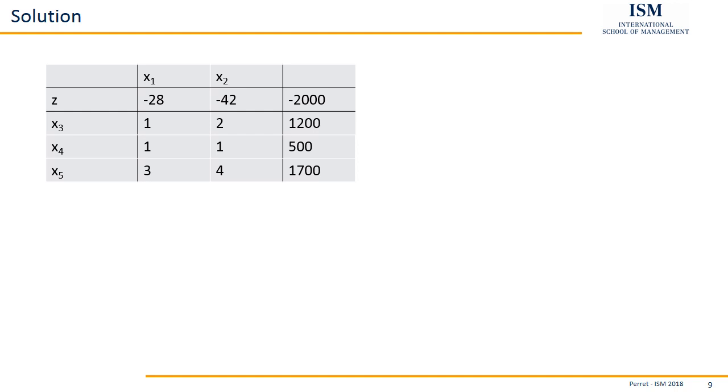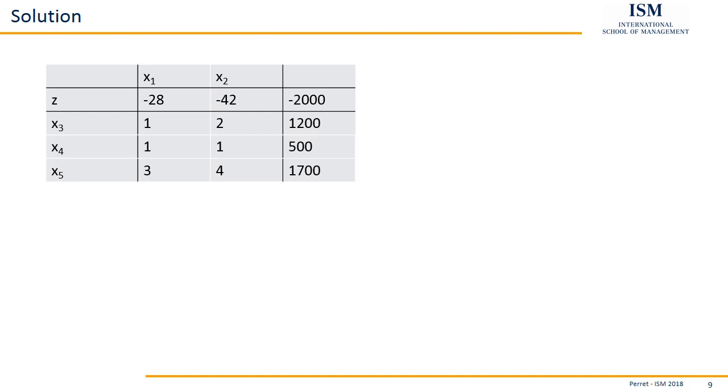And our first task is finding the so-called pivot element. For the pivot element, we first take a look at the row which relates to the objective function. In particular, we take a look at the two values, the -28 and the -42. And we select a negative entry, in particular the absolutely largest negative value.